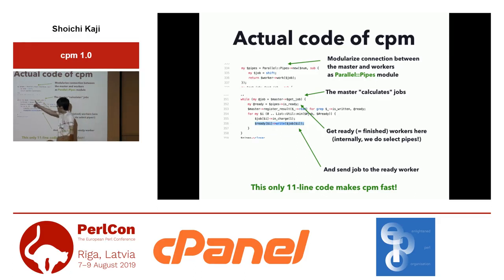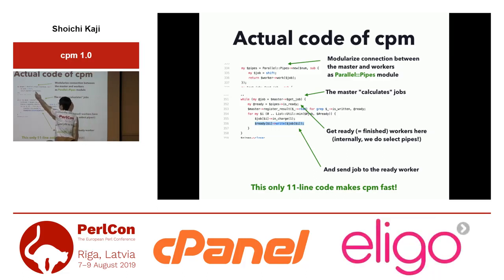And the master gets a job. With the ready method of parallel pipes, it gets ready workers here, and internally we select pipes here.